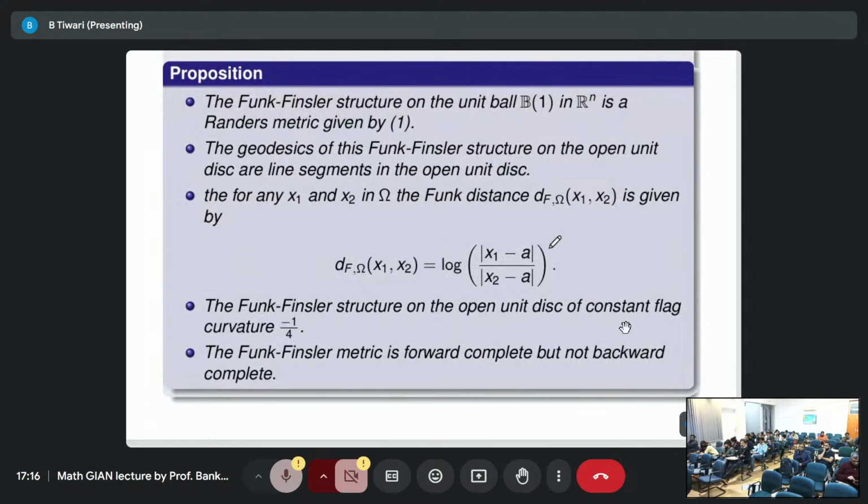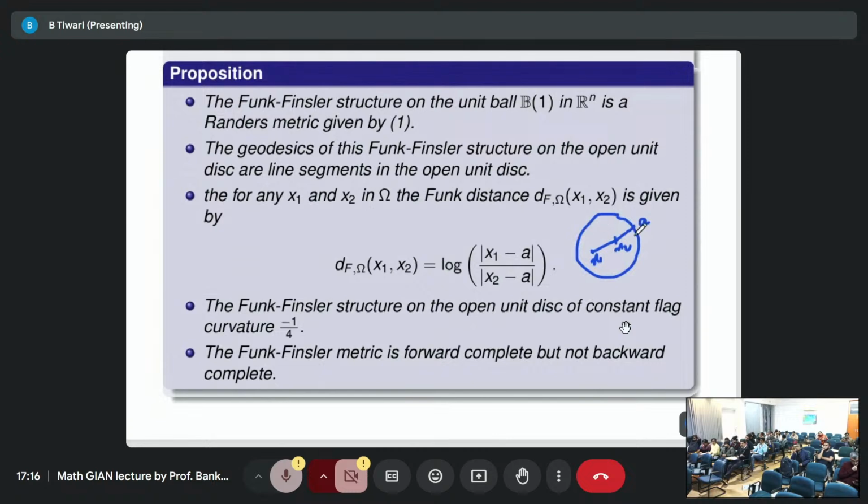So suppose this is my unit disk and you have two points x1 and x2, and you take this ray, and it intersects the boundary at a point A. Now you compute the Euclidean distance from x1 to A, the Euclidean distance from x2 to A, and take its log.